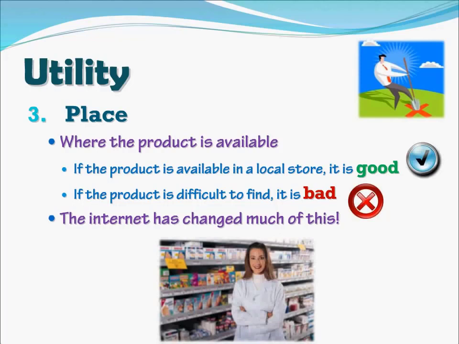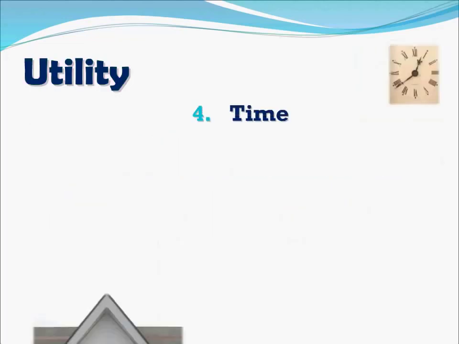You no longer need to have a retail store in every single neighborhood. People, consumers, can log on to the internet and internet sites such as Amazon.com and find any product that they wish and have it shipped right to them. So place utility is all about where the product is available, and you need to ensure that you have place utility with your product, otherwise consumers will not be able to purchase your product.